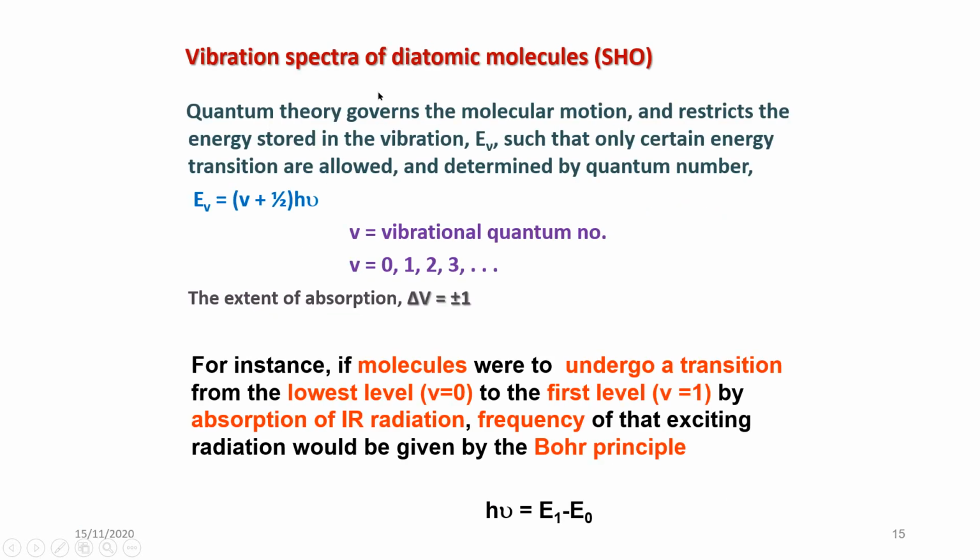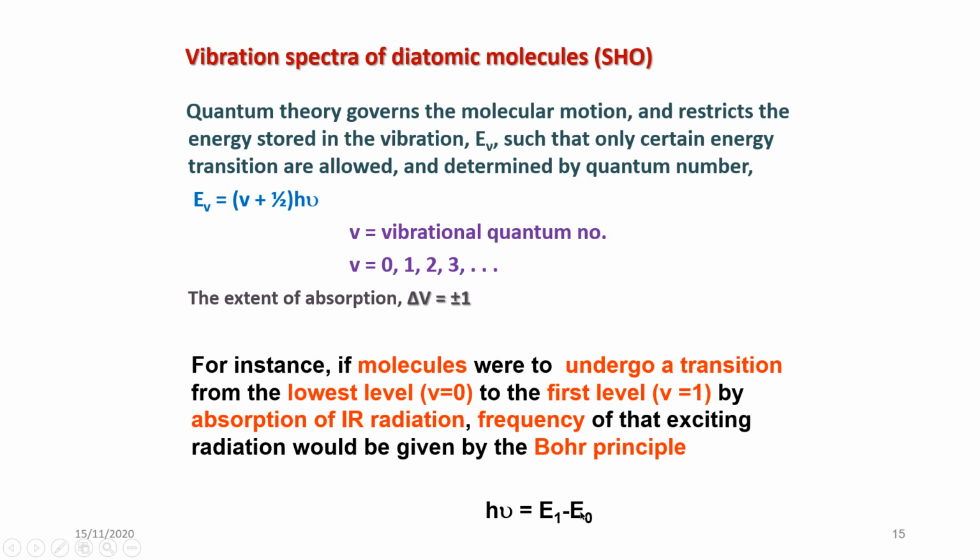In the case of a diatomic molecule, usually the molecules reside in the lowest energy level. When they absorb radiation, they are excited to the higher level, namely V equal to 1. According to Bohr's principle, E1 minus E0 is equal to h nu.